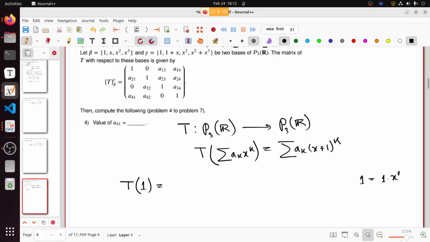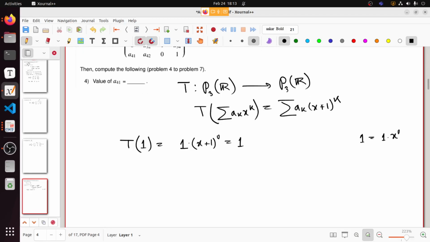So how will it map? It will map 1 like this, because a_0 is the only non-zero term and the others will be 0, giving (x plus 1) whole to the power 0, so this is again 1.